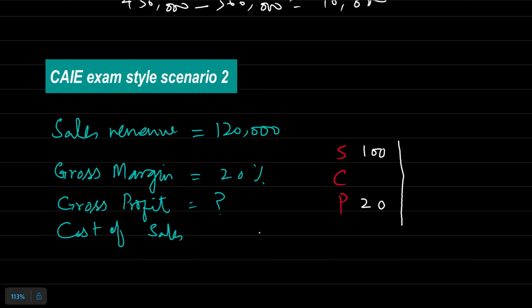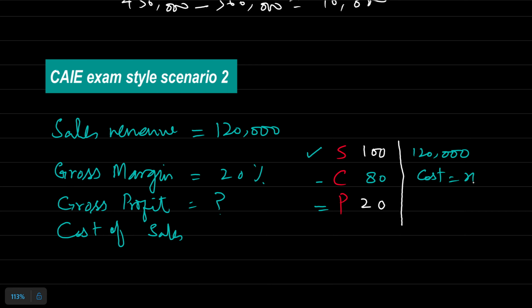So in the question we are given sales revenue 120,000. So students, if sales are 100 and profit is 20, sales minus cost is equal to profit, that means cost is 80.